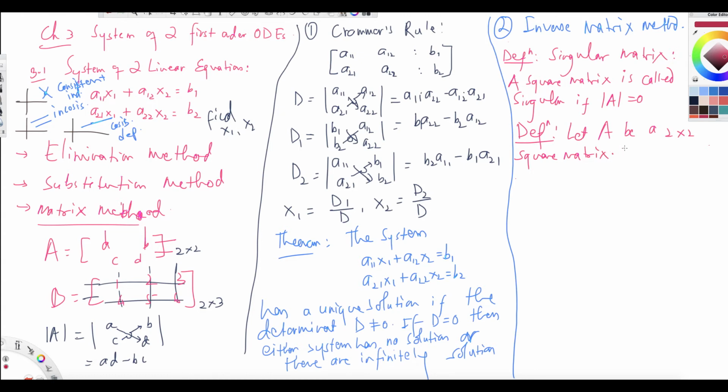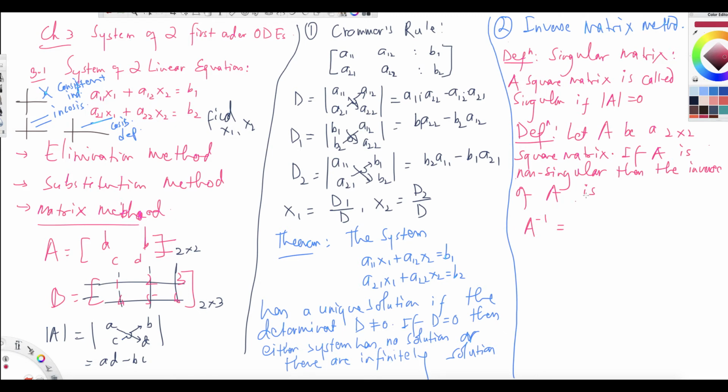If A is non-singular, then the inverse of matrix A is denoted by A inverse, or A to the -1. Singular means determinant 0 and non-singular means non-zero.